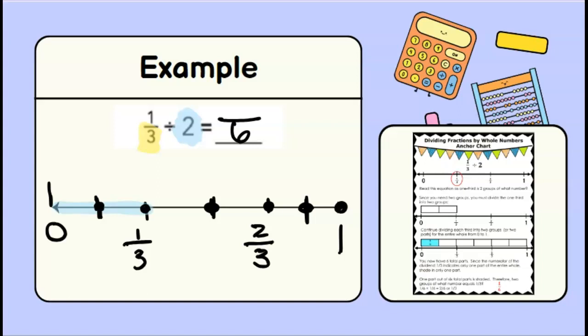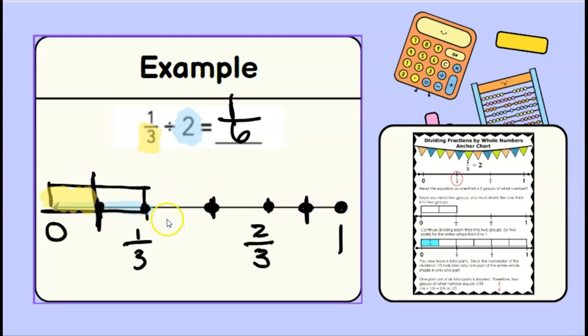And because I'm looking at units, shading 1 unit, my numerator is going to be 1. So I know 1/3 divided by 2 is actually equal to 1/6, because I'm taking this section that is 1/3 and I'm dividing it into 2 pieces, looking at the whole number line.